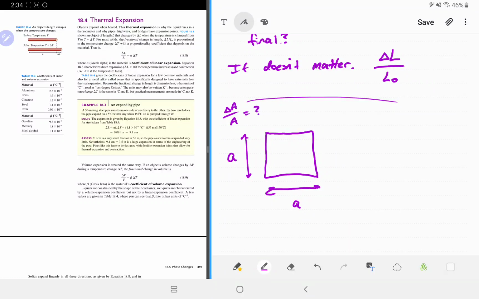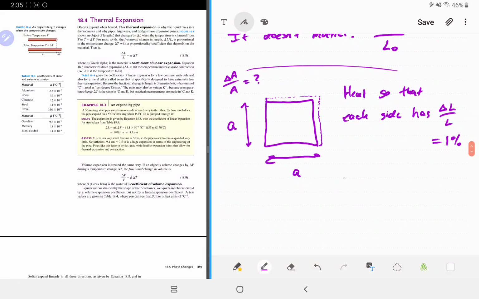So we already did fractional increase in length. Now we want to look at fractional increase in area. So suppose we heat this up so that this grows by 1% in each direction. So heat so that each side has delta L, delta length over L is equal to 1%.